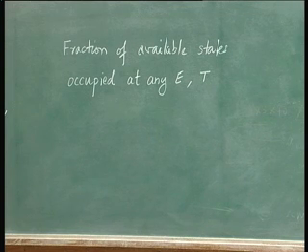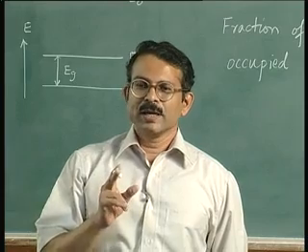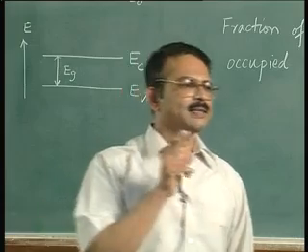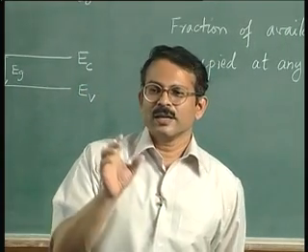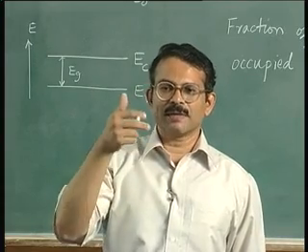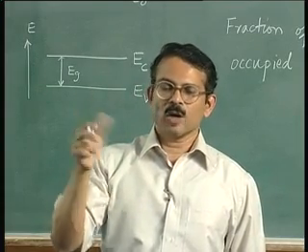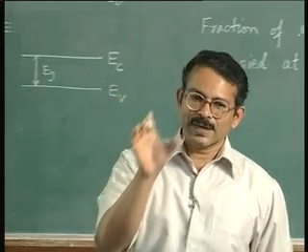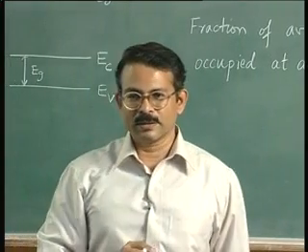Now please remember that whenever we talk of an available state at any energy E, it is understood that it is within an interval dE. So, states available within an energy interval dE at E. Normally the phrase within an energy interval dE is dropped, but it is to be always remembered.